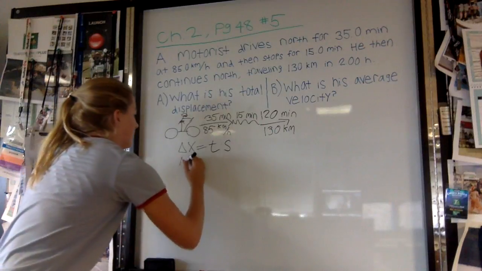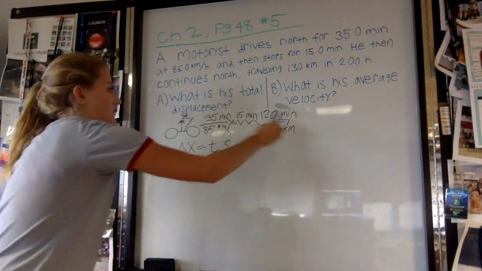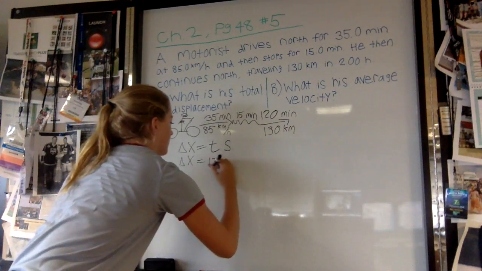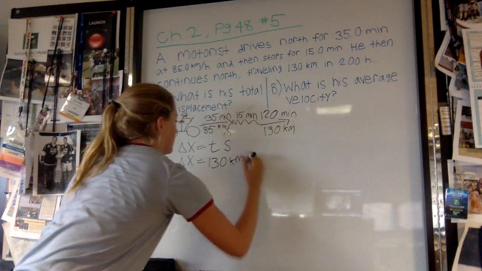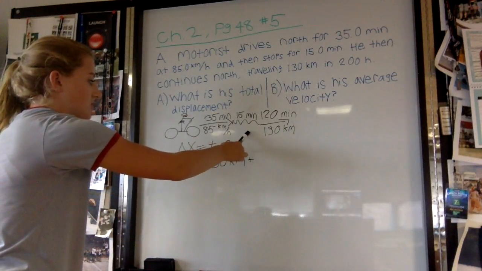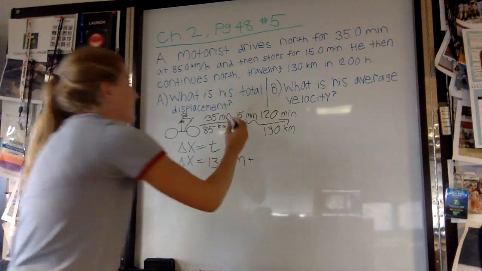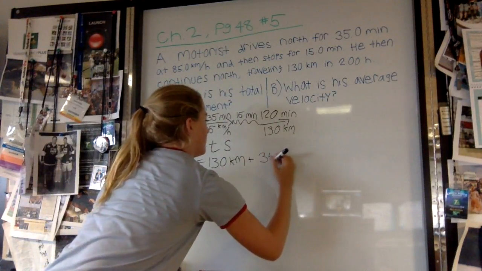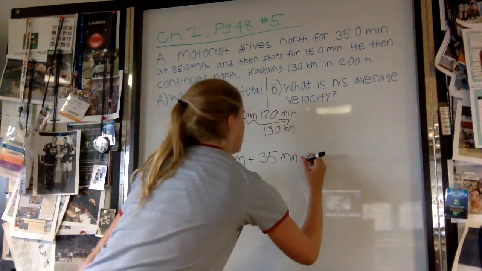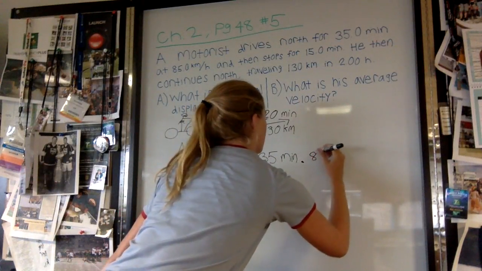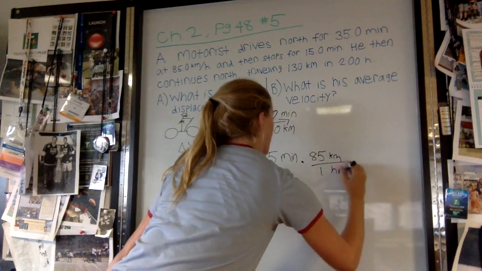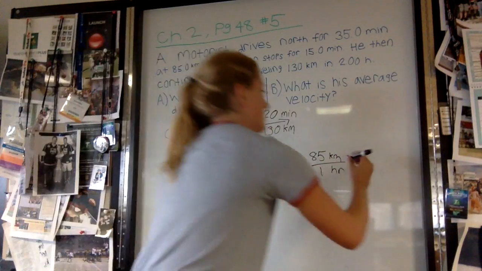But to start off, we already know the distance for the second leg because they gave it to us, so it's 130 kilometers. And then we have to find the displacement of the first leg of his journey, which would be 35 minutes times 85 kilometers per hour, which we have to simplify to minutes.